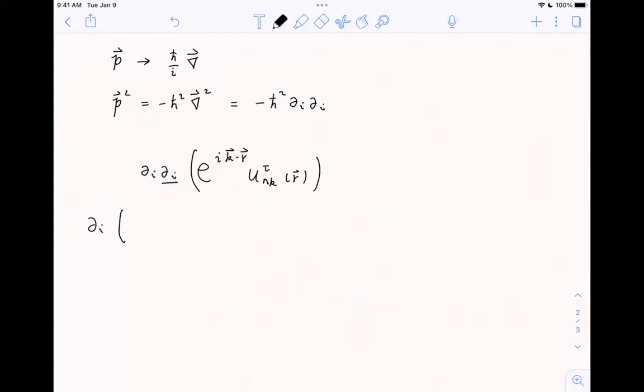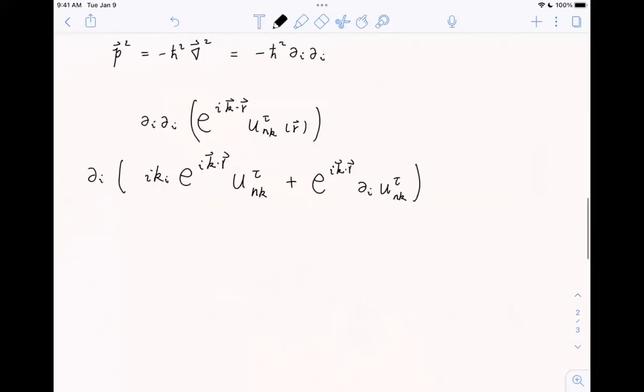Once you do this derivative on here, you're going to bring down the Ki component. I'll skip this R here, just to make it simple. Then another one will be U. Okay, so this is one derivative.